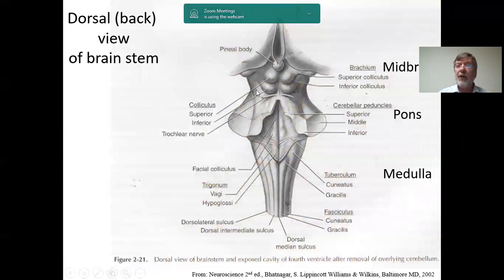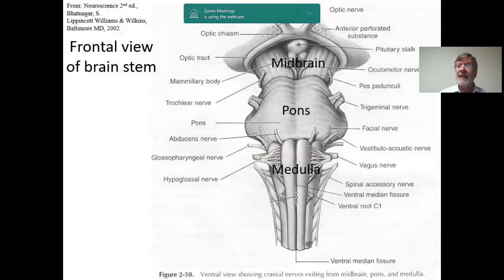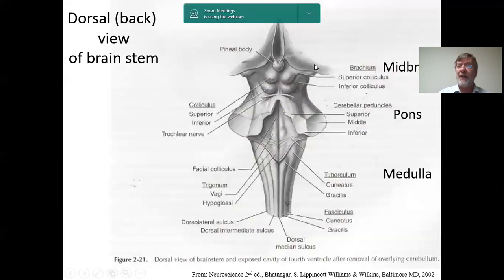Inferior colliculi are for hearing, superior colliculi are for vision. So this is right where the senses of hearing and vision first meet in the brain. Superior and inferior colliculi, where are they located? At the top of the brainstem. What's the top of the brainstem called? The midbrain. Okay, this is just showing you the front, and that's the back.